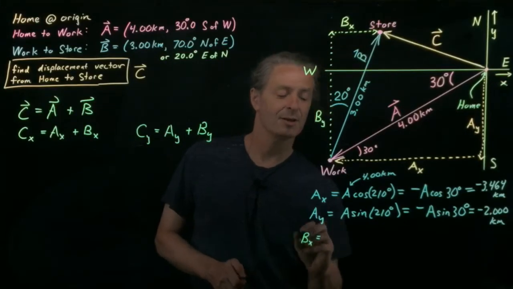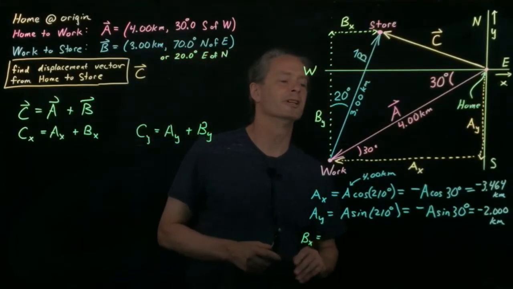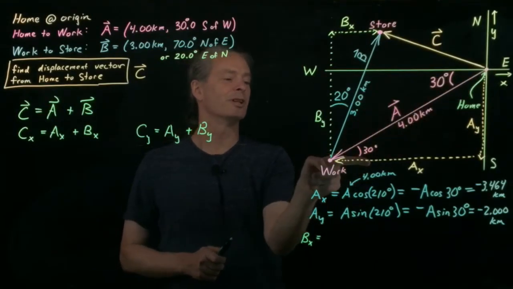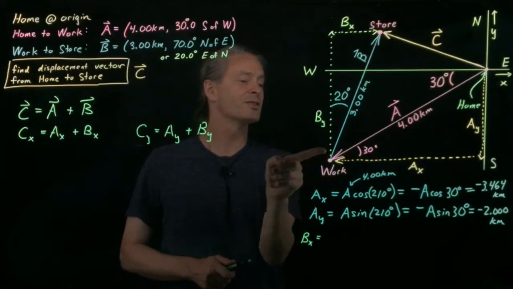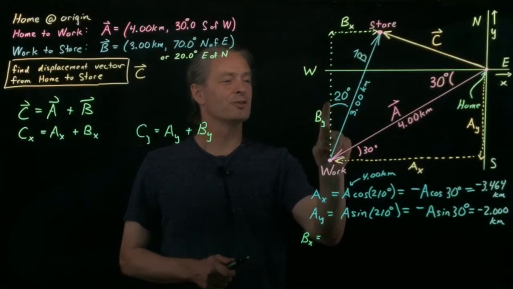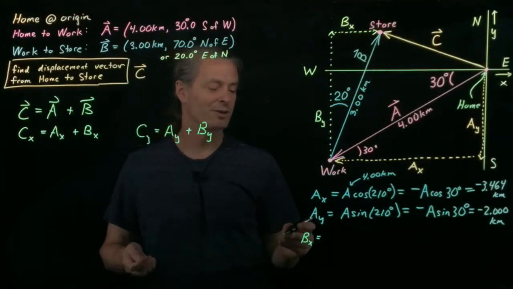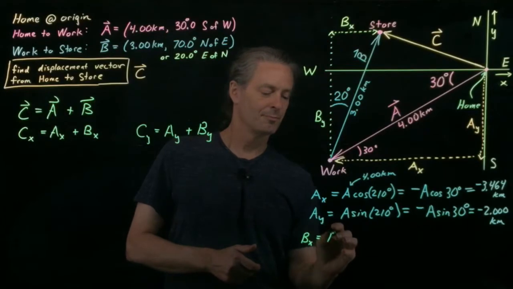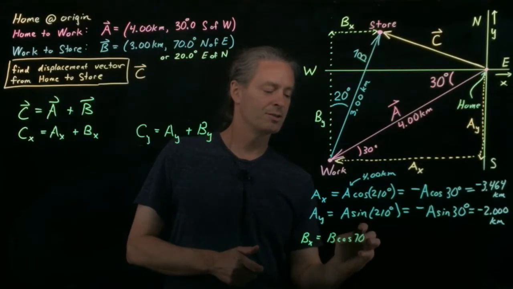B sub x. Now, I'm going to do this a little bit differently. I'll use the angle all the way from the positive x-axis. I could use this angle, the 70-degree angle, or I could use this angle, the 20-degree angle. Let me show how that works. All right, so B sub x, I could go B cosine 70 degrees.